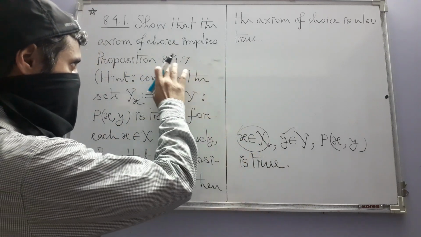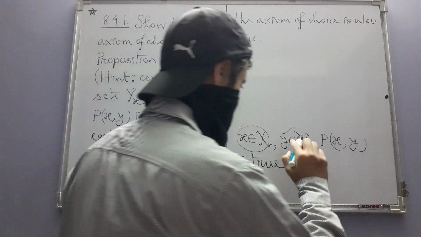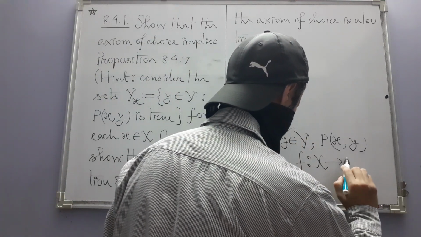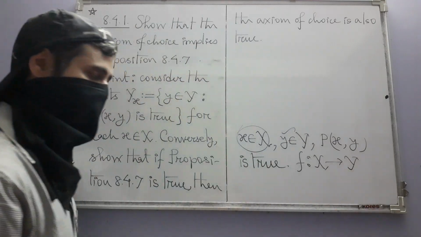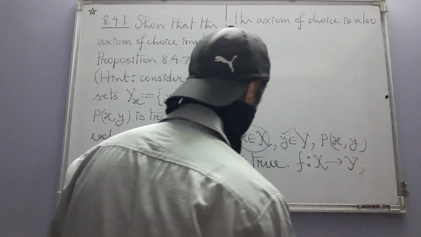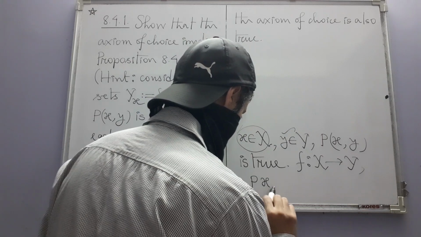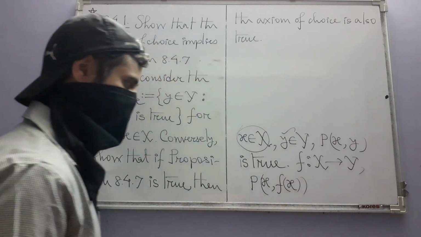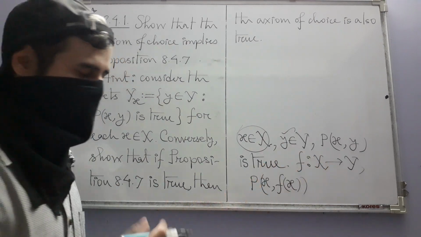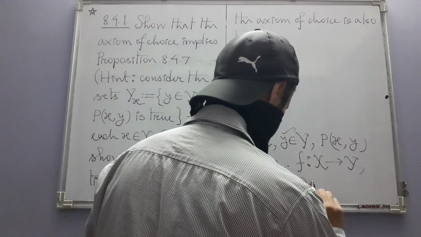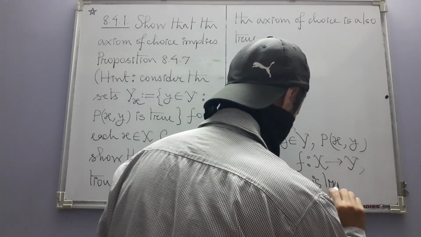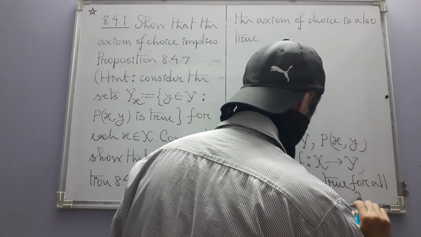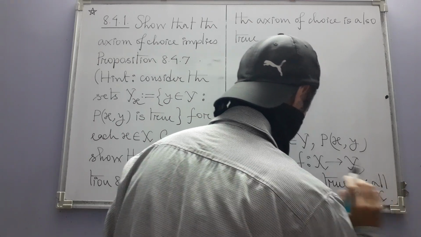Then proposition 847 asserts that there is a function f from x into y such that p of x comma f of x, which is in y, is true for all x in x.